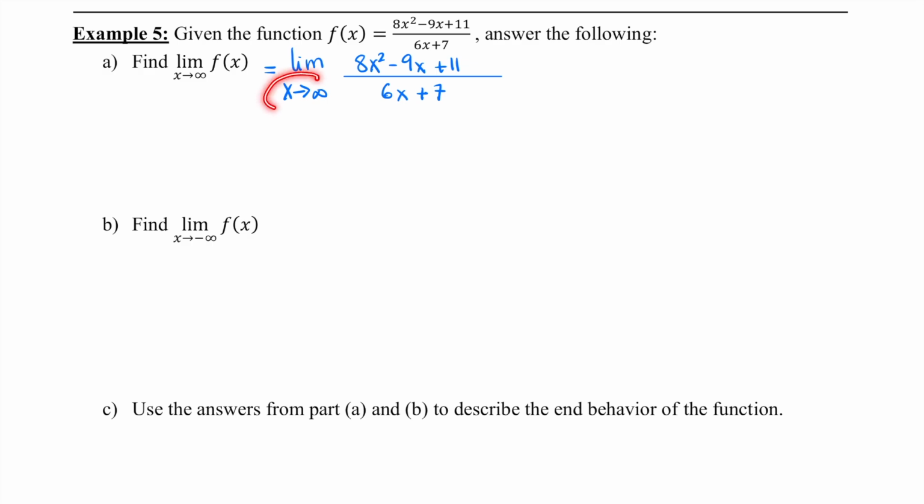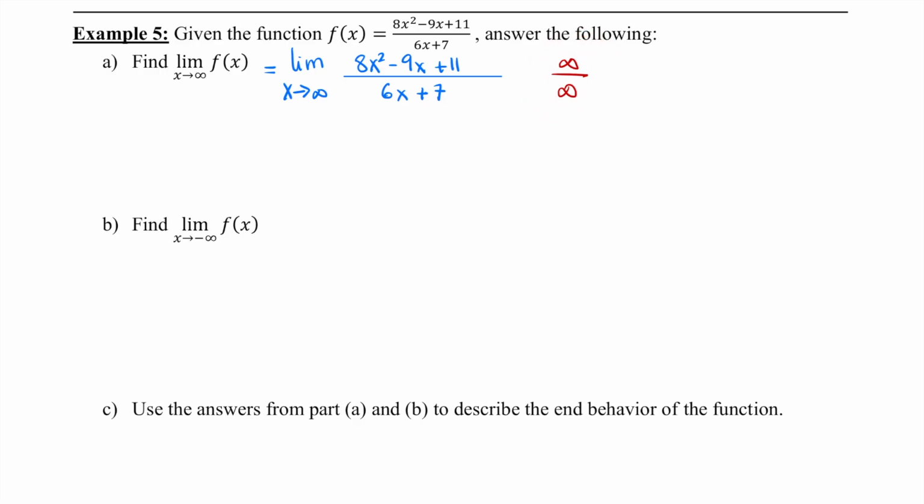As x approaches infinity, the numerator approaches infinity, and the denominator also approaches infinity. Again, we have infinity over infinity. This is an indeterminate form.